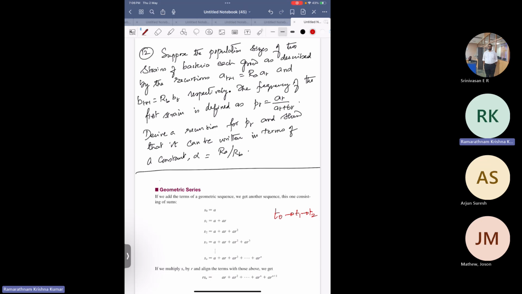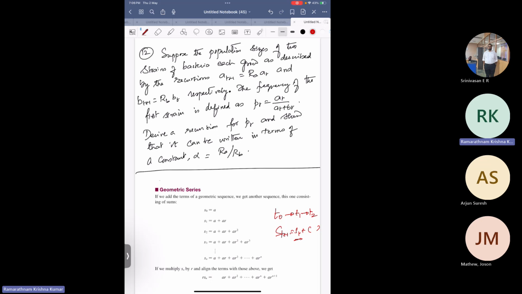So we can write S(t+1) is equal to S(t) plus some quantity. We will see what those quantities are. Then if I start expanding S(t), I can keep expanding.